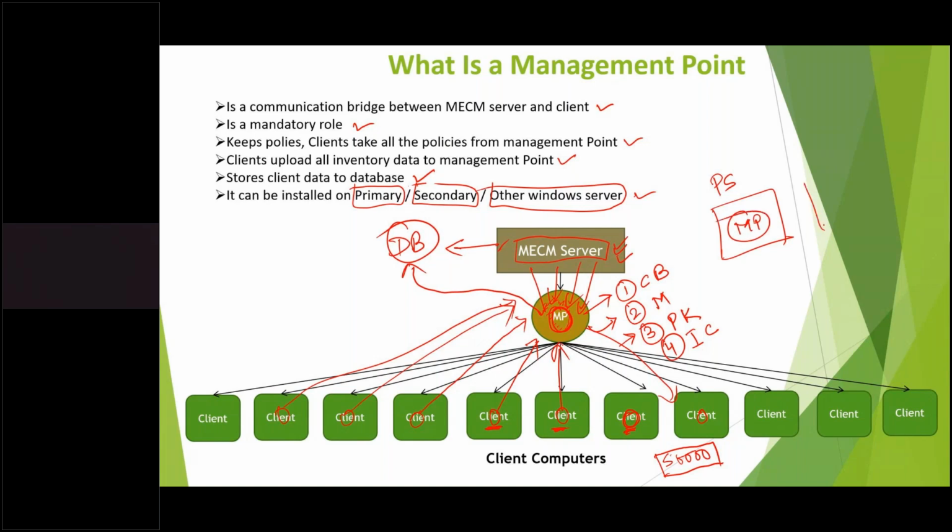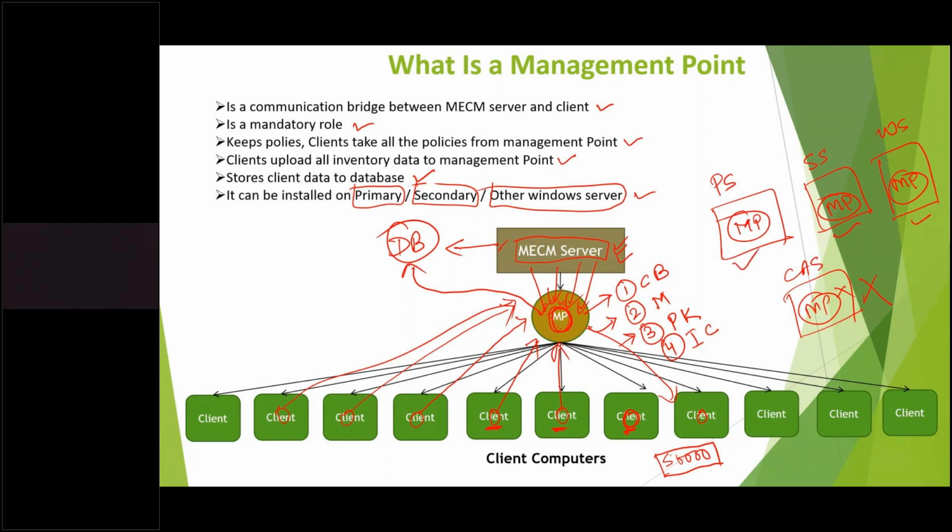You can also install it on a secondary site server, or on any other separate Windows server. Suppose you have a CAS, central administration site server: you cannot install a management point on that machine. On CAS it's not supported. But on primary you can, on secondary you can, and on a separate box you can.